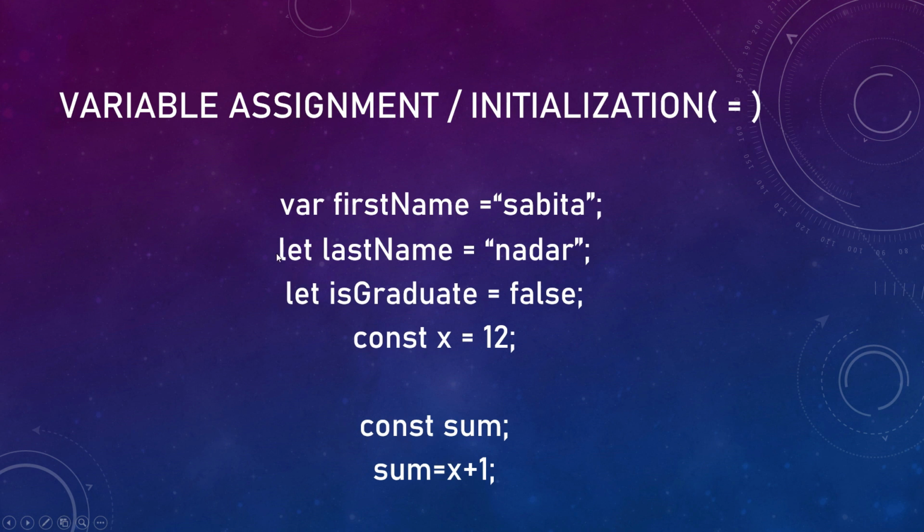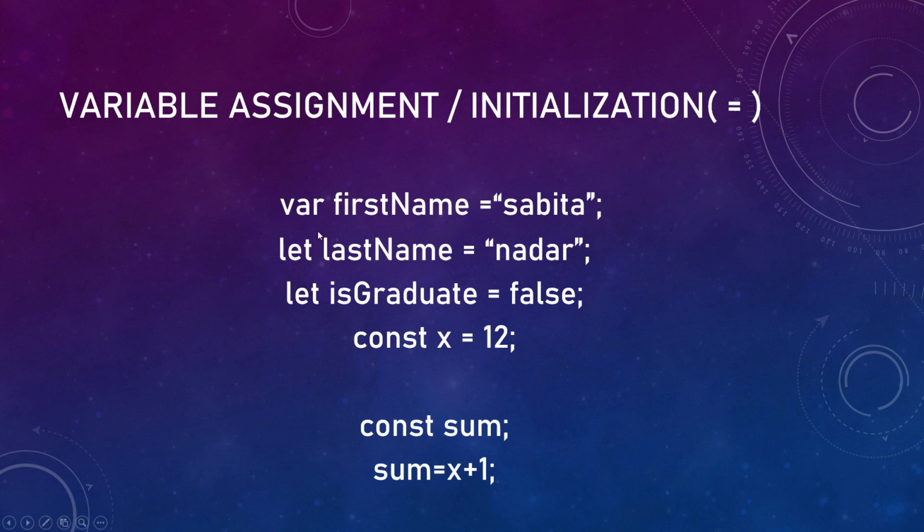Here you can see that while declaring the variable itself, we have assigned some value to that variable. Assigning some value to a variable during declaration is called variable initialization.